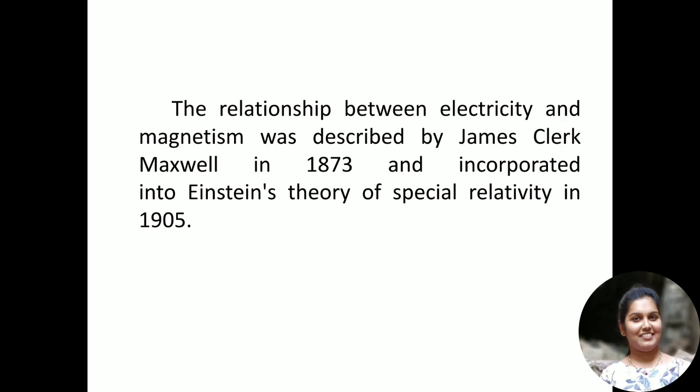As this is an invisible force, the feel of magnetism was observed even in the 1st century, but the explanation came around the 1800s, right from Hans Christian Oersted. Later the relationship between electricity and magnetism was discovered by James Clerk Maxwell, and finally it got incorporated into Einstein's theory of special relativity in 1905.